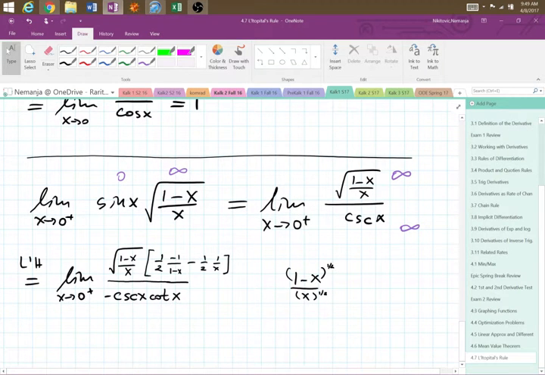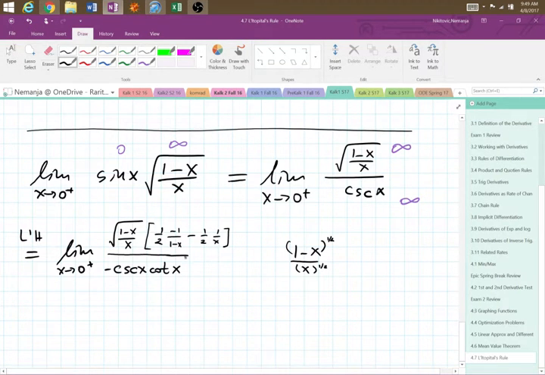That will be the derivative. I use the logarithmic differentiation. If x goes to 0 plus. Now let's see.